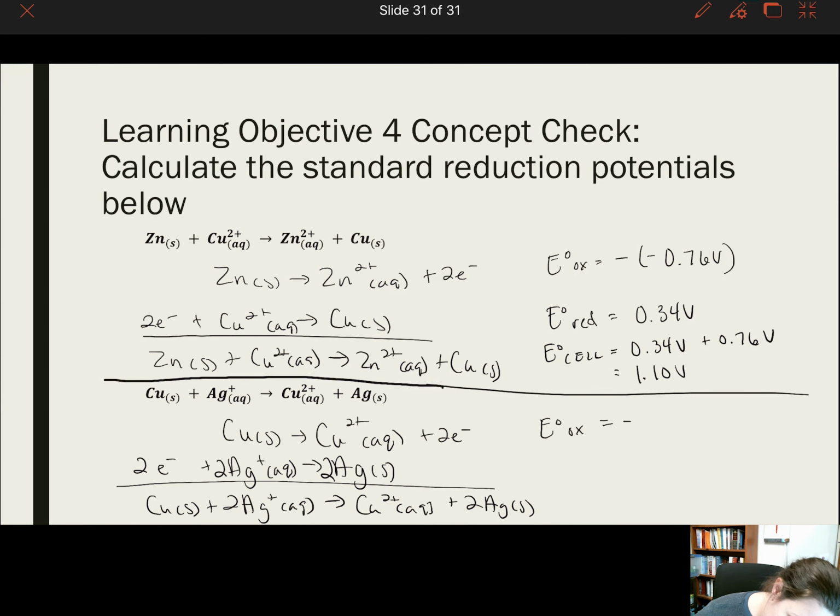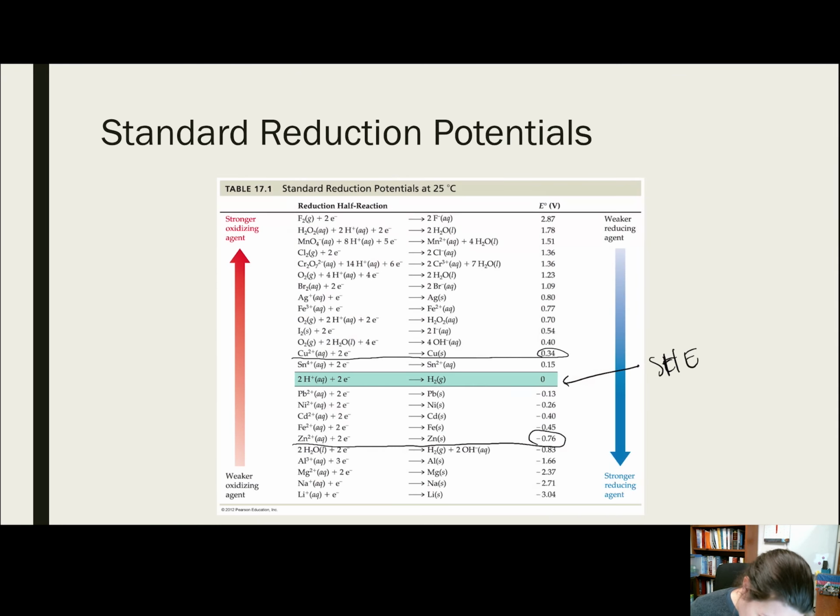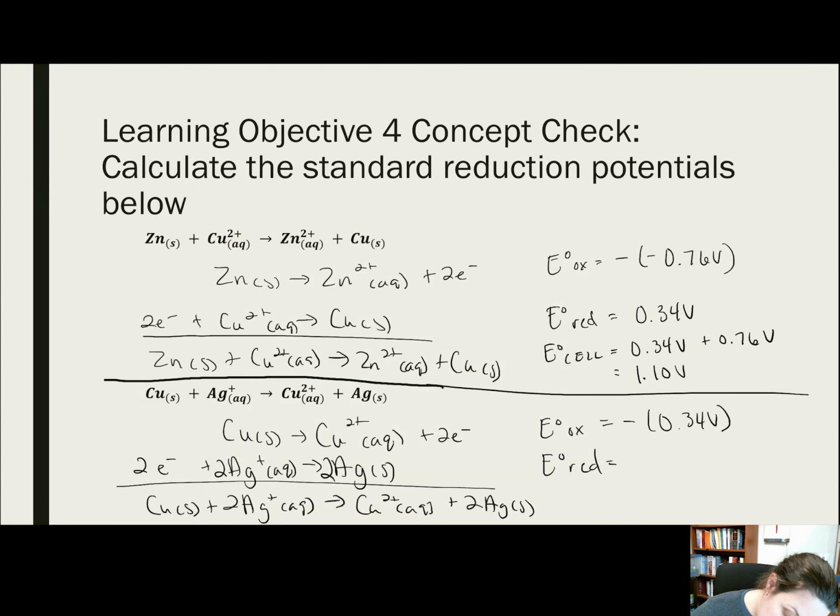So it's negative 0.34 volts. And then the bottom's our reduction. So we look at our table. Ag+ is 0.80 volts. This balancing does not affect our reduction potentials. Combine these two, we get an E cell equal to 0.46.